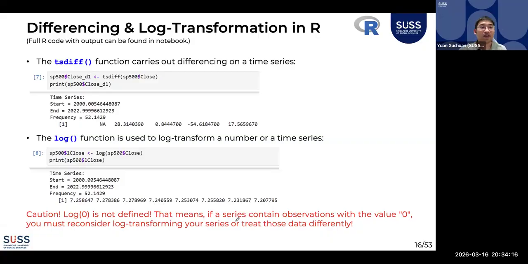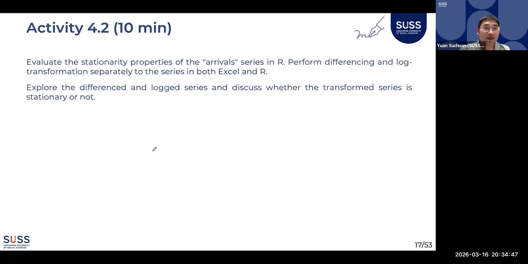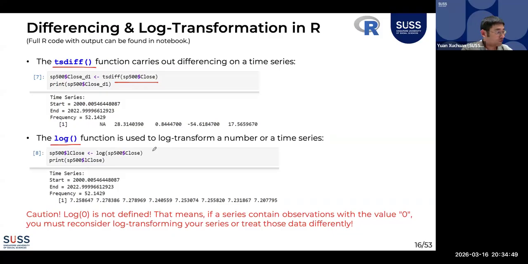Okay. So we can use this tsdiff function to do the difference. This is quite straightforward, and you will have a new time series with first order difference. And you can use the log function to transform your original time series and remove the heterogeneous variance issues.